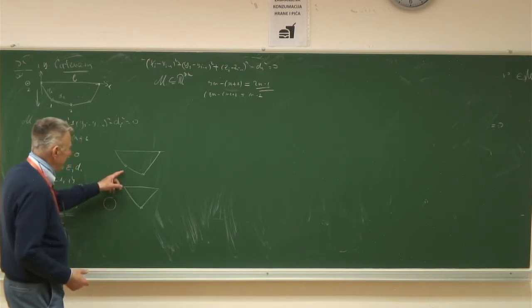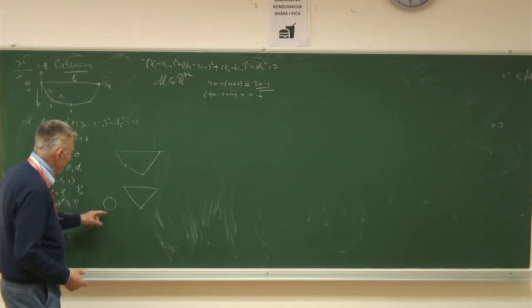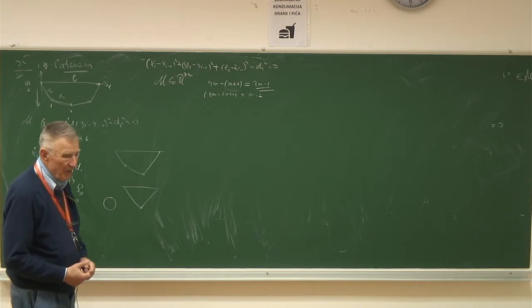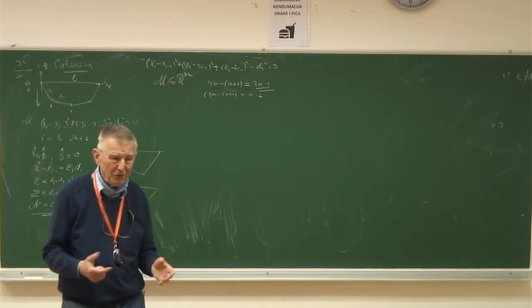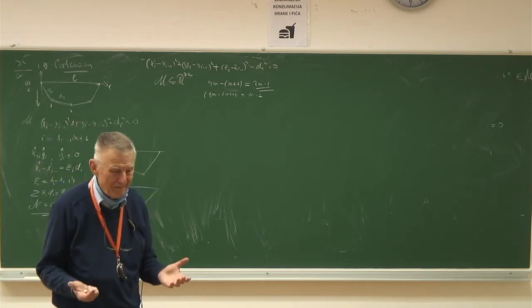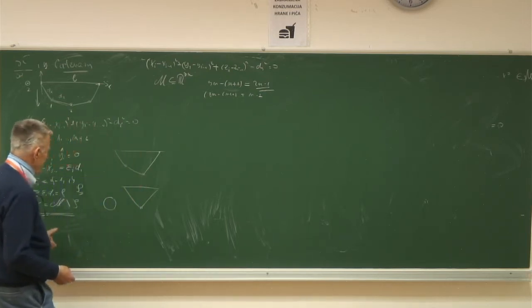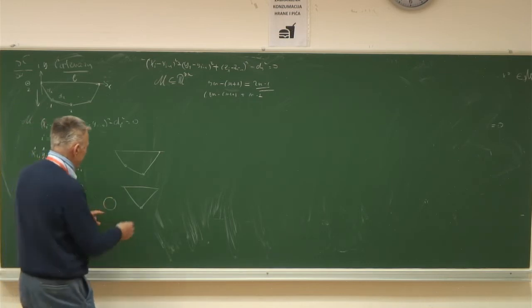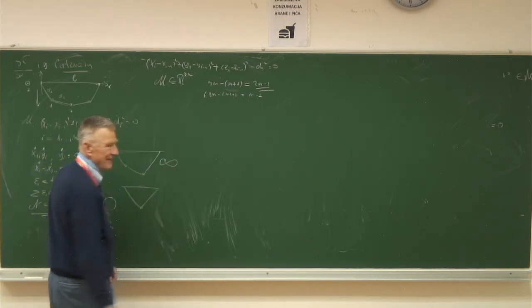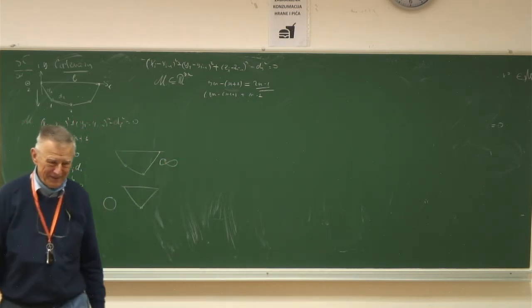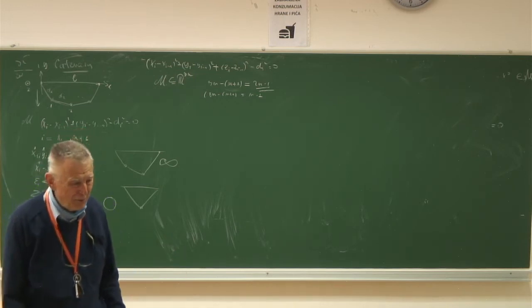But this mapping does not determine the shape of the curve, only topologically. And if you have the singular case, then this curve will be something like that. It's just interesting to play with it.